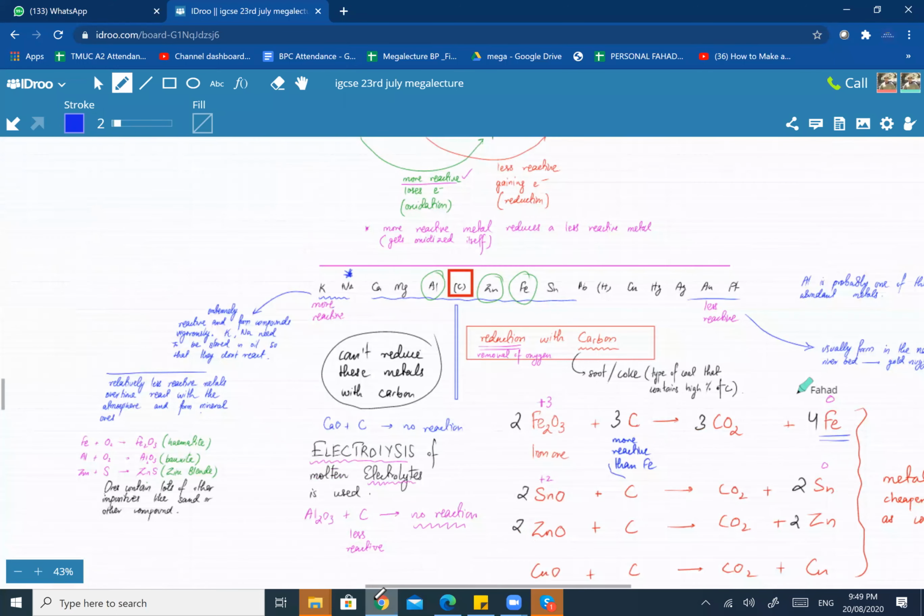ठीक है. ये जो sodium metal है, ये जो top वाले metals हैं, इनके लिए मैंने क्या कहा था, ये जो circle किया हुआ है, I said कि you can't reduce these metals with carbon. So if you can't really reduce them with carbon, what do you do? You need to, लिखा हुआ है, electrolysis of molten electrolyte is used.